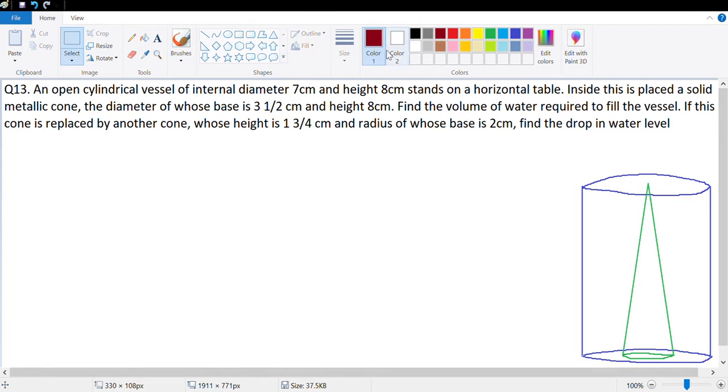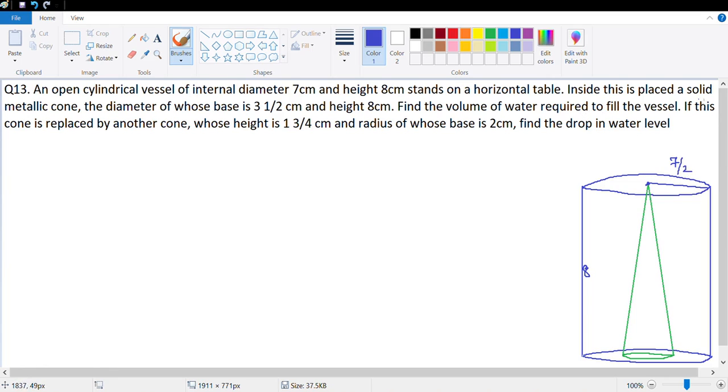This question says an open cylindrical vessel of internal diameter 7, height 8. So this height here is 8. This diameter is given as 7, which means the radius is 7 by 2. It stands on a horizontal table.